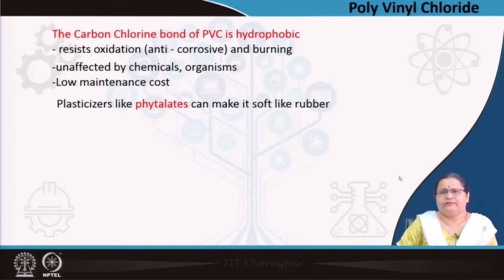Now, we first discuss polyvinyl chloride. You had seen a number of pictures, and as I told you, the carbon chlorine bond of PVC is hydrophobic. So, it resists oxidation, it is anti-corrosive and does not burn. It is non-flammable, unaffected by chemicals. Hence, it becomes a carrier of chemicals, a carrier of corrosive items, the sewer lines.